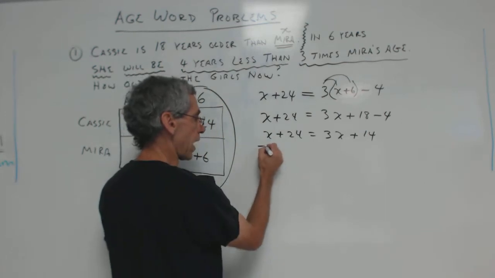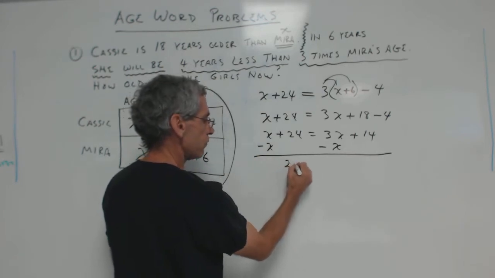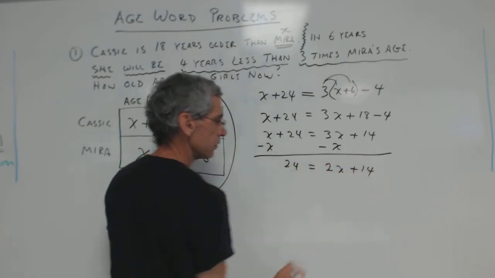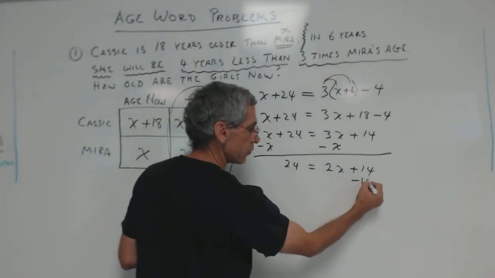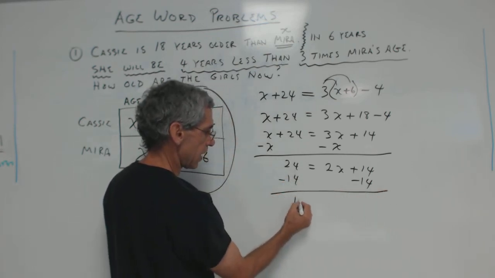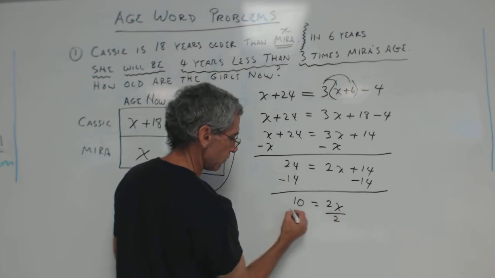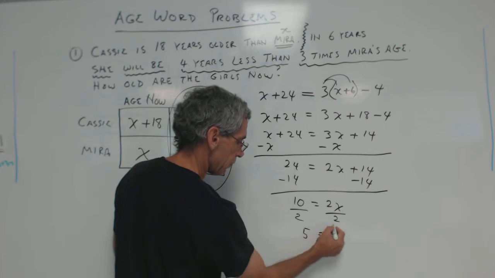And then I'm going to subtract my x's. So I have now 24 is equal to 2x plus 14. And then I want my x's all by themselves, so I'm going to subtract 14. So I have 10 is equal to 2x. Divide by 2, divide by 2. X is equal to 5.